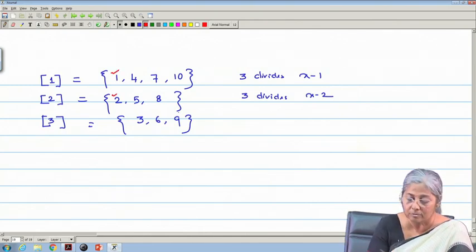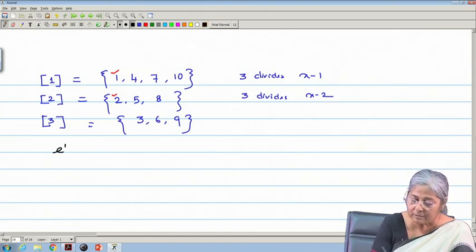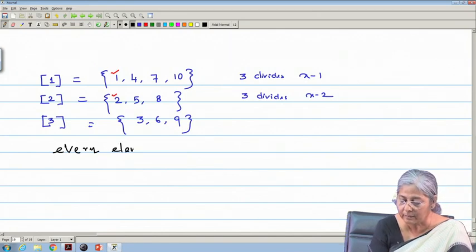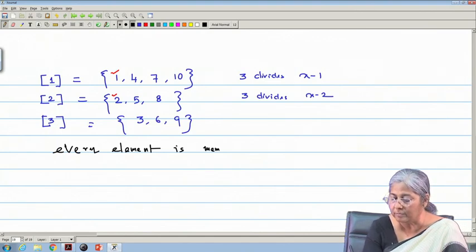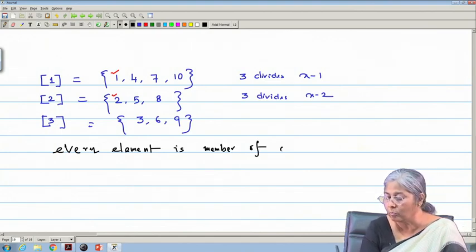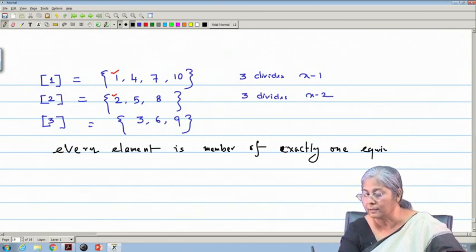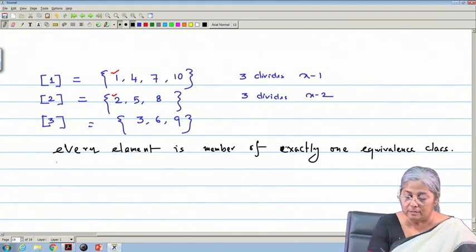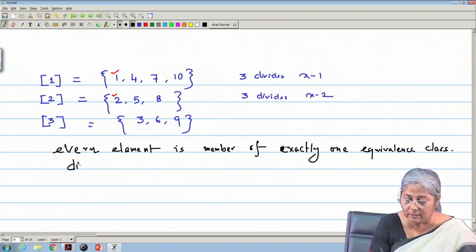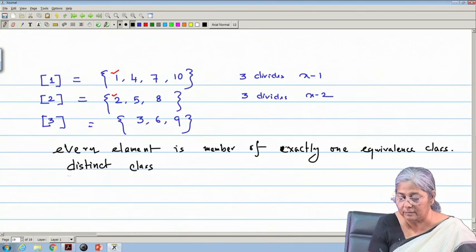So, every element is a member of exactly one equivalence class, and these classes are all distinct classes in that sense.